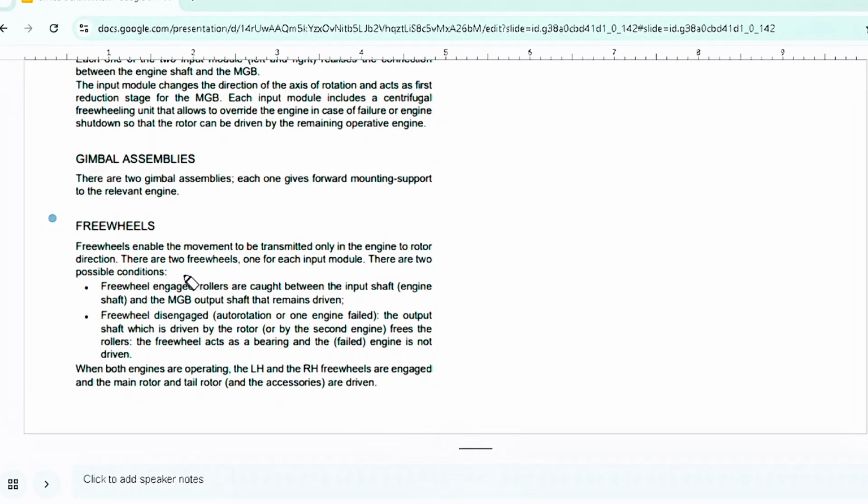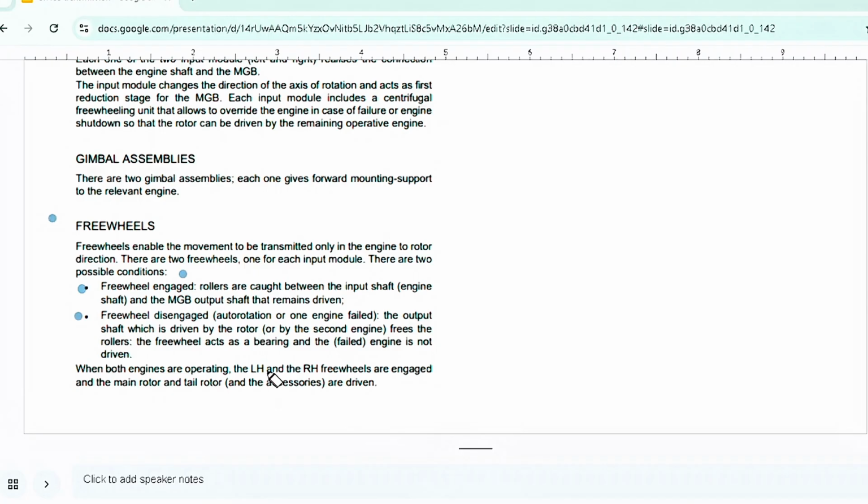There are two possible conditions. Number one, freewheel engaged: rollers are caught between the input shaft, engine shaft, and the MGB output shaft that remains driven. Freewheel disengaged, auto rotation or one engine failed: the output shaft, which is driven by the rotor or by the second engine, frees the rollers. The freewheel acts as a bearing and the failed engine is not driven.